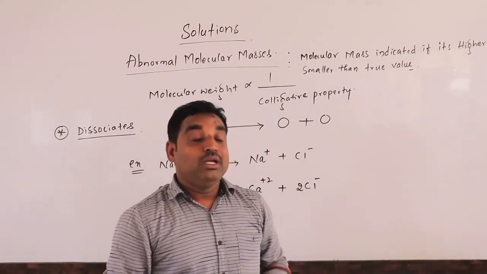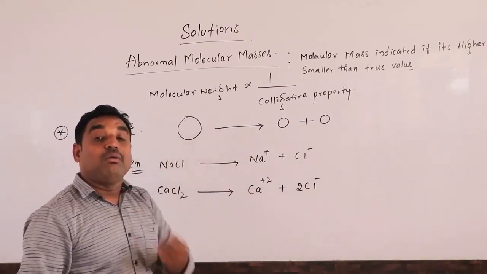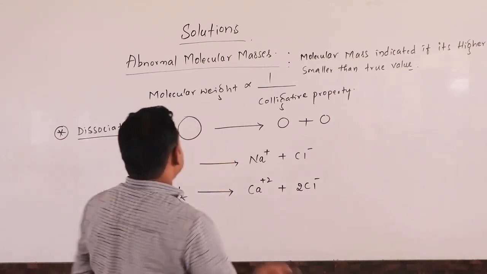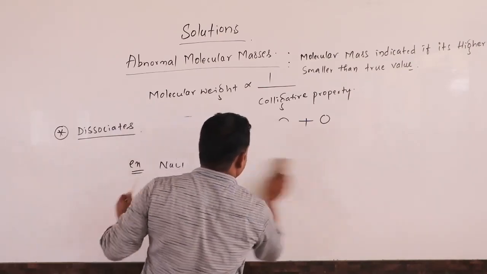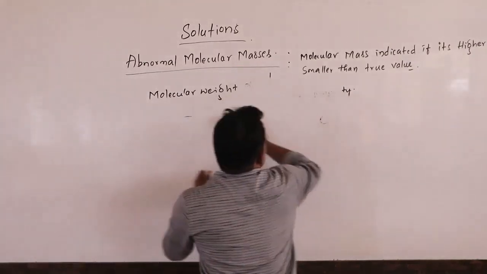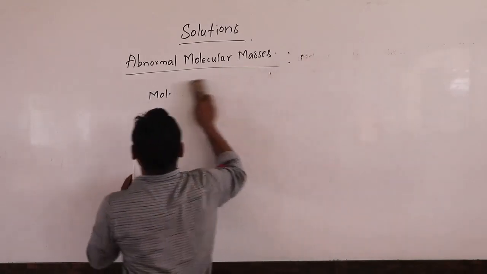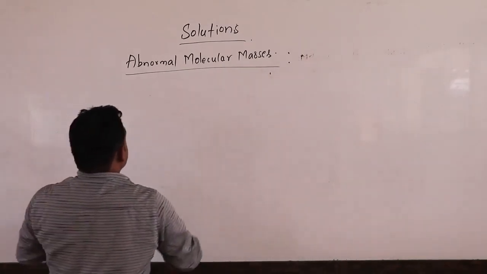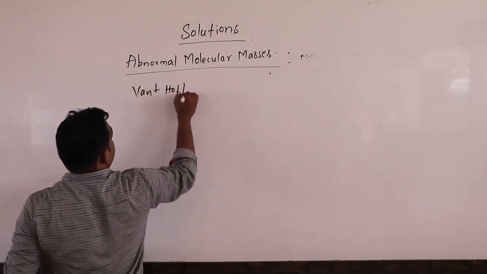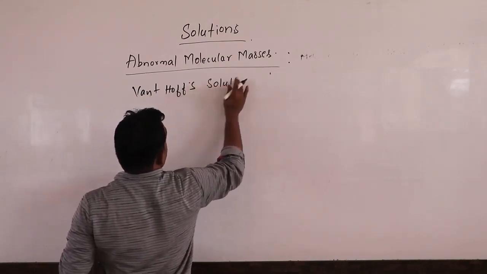Now the extent of dissociation and extent of association can be expressed by the van't Hoff factor, that is i. The van't Hoff scientist gave the i value, or the extent of association and dissociation can be expressed by the van't Hoff equation.